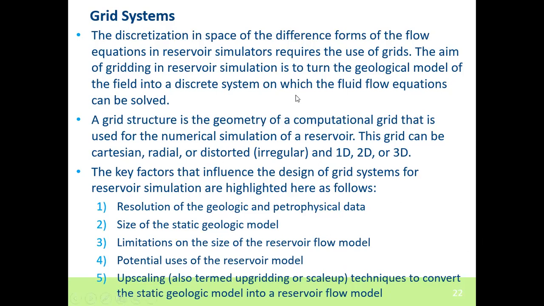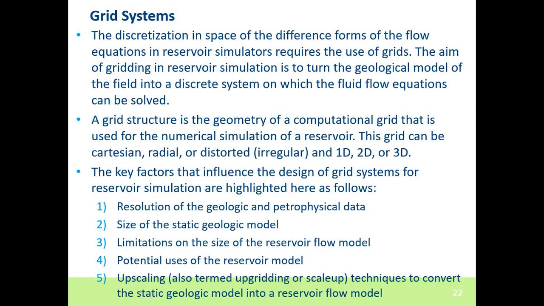So we now talk about the grid systems. The discretization in space of the different forms of the flow equations in reservoir simulation requires the use of grids. So the aim of gridding is to turn the geological model of the field into a discrete system on which fluid flow equations can be solved.